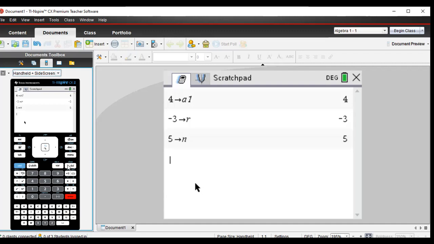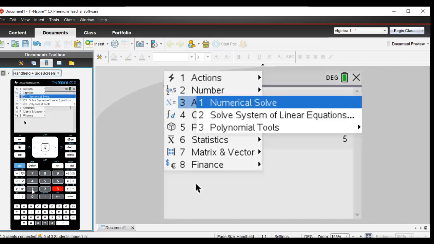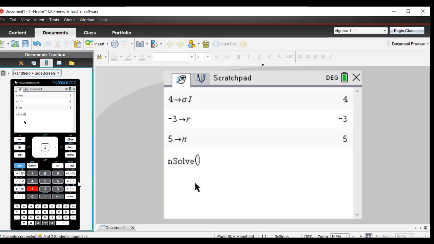So all we're going to do now is menu 31, and we're just going to use that formula. So we're looking for the value of the fifth term. So that's going to be A5 equals the first term, A1, times, I got to put a times in there, times the common ratio, which is R. And then we're raising it to the n minus 1 power.